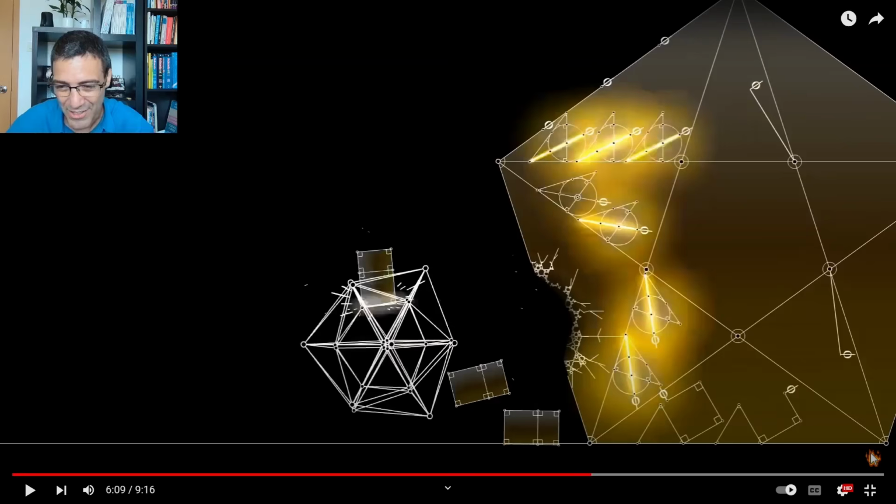It's nice to see the fractal on the side of the pentagon there. Look at these circles. There are tangents to the circle and inscribed triangles. Actually, no, just a piece of the triangle is inscribed. Very, very cool.